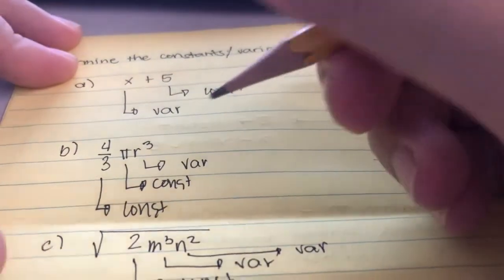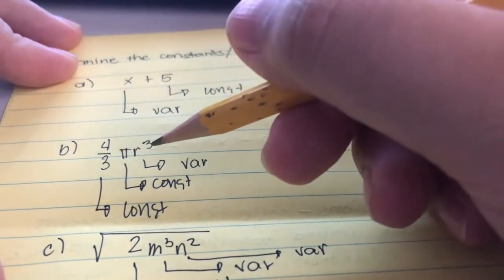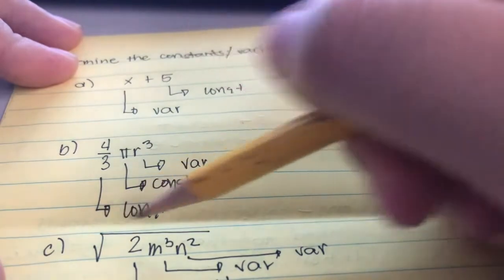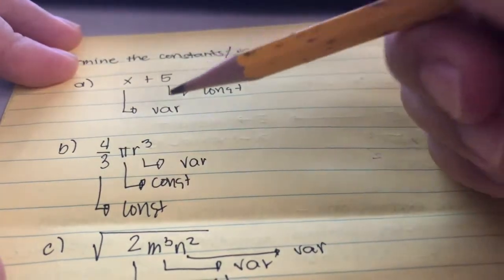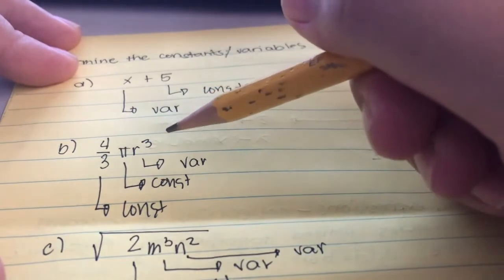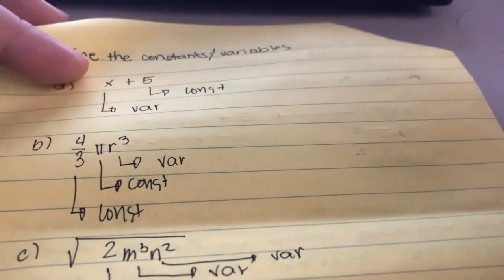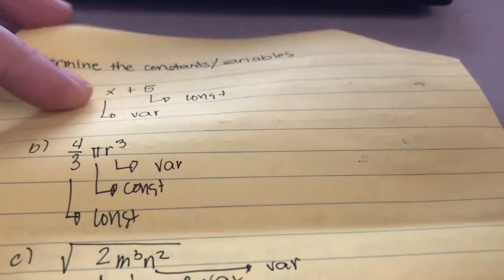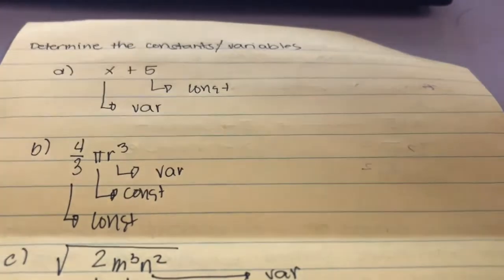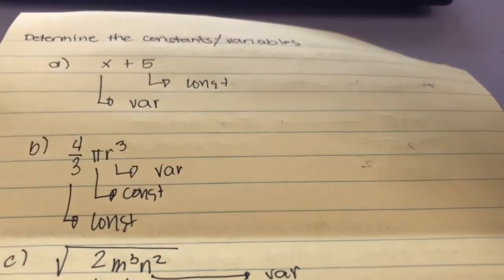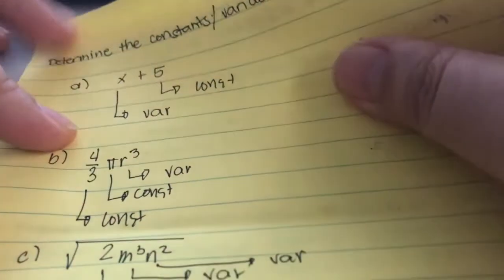In 4 thirds pi r to the third, 4 thirds is a constant, pi is a constant because it represents a number, and r to the third is a variable. A variable means it may be some kind of number, or a number that represents it, or we can insert any kind of number there.